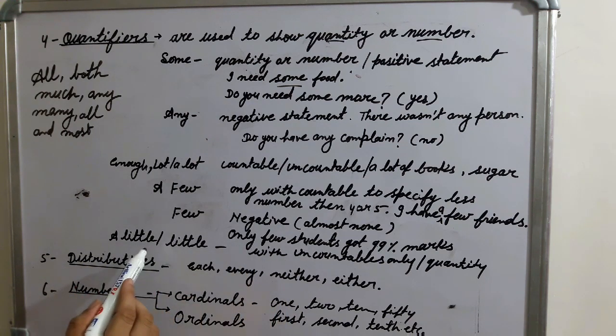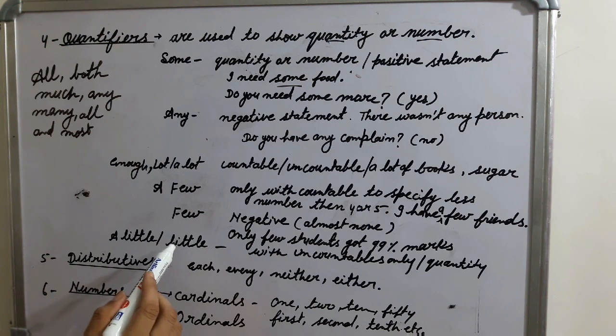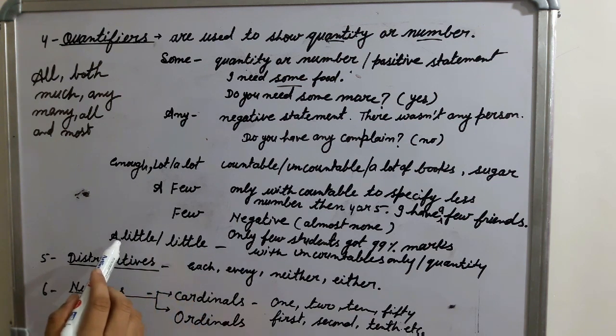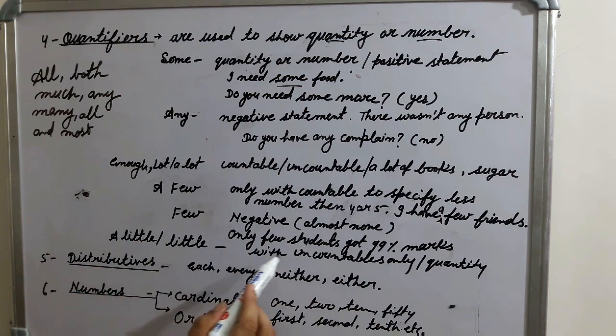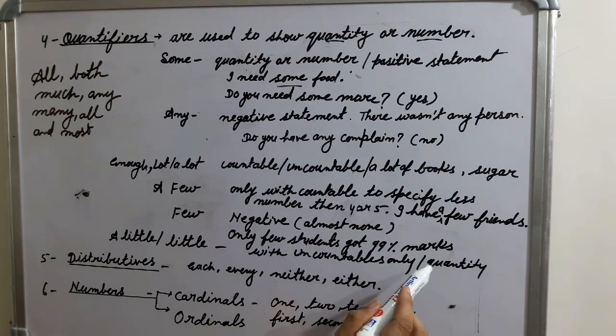Little and a little. The same is here. A little is something positive while little is negative, almost none. But little and a little is used with uncountables only. It shows quantity.